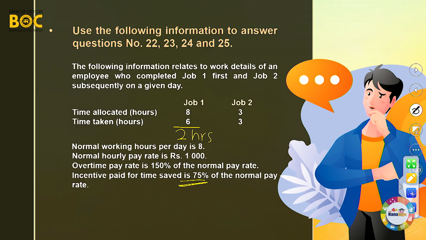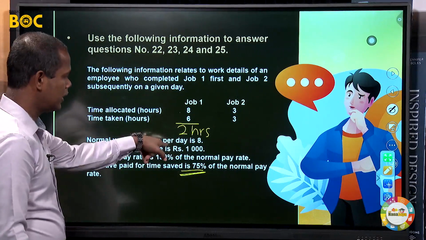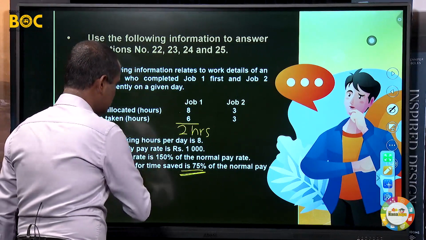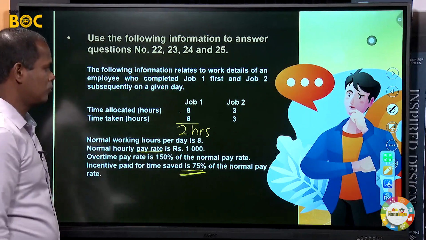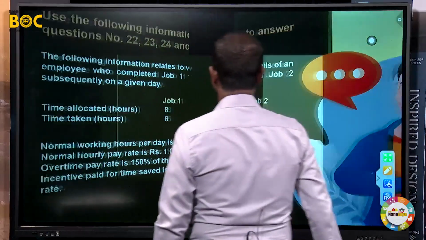How many hours saved? 2 hours. What percentage do you pay? 75%. What is the rate per hour? The hourly rate is 1000 rupees. You can make the calculation.